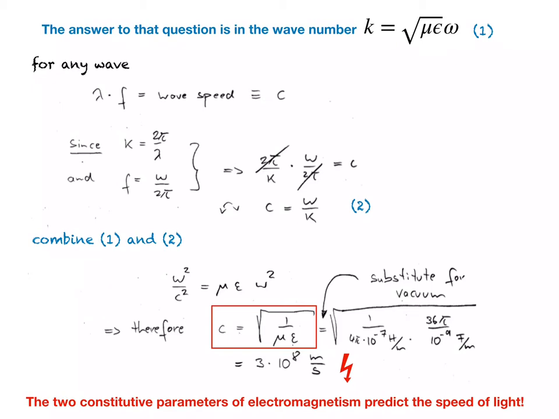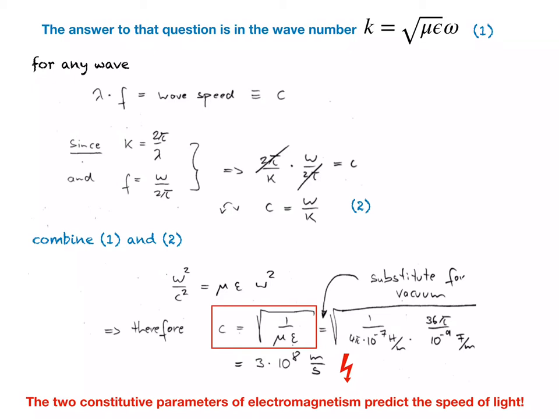Combining equation 1 for the wave number and this equation 2, we get the expression omega squared on c squared equals mu epsilon times omega squared. Taking the square root on both sides, we find that the propagation speed c is given by the square root of 1 over mu times epsilon.